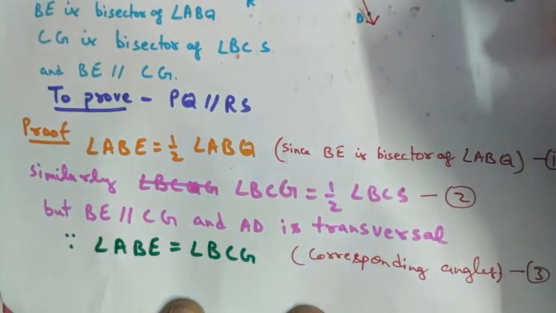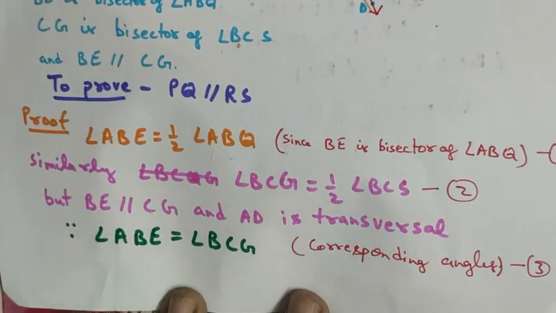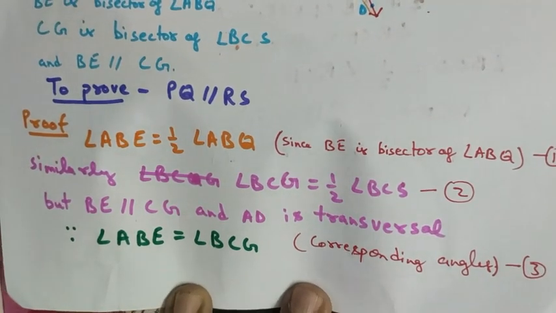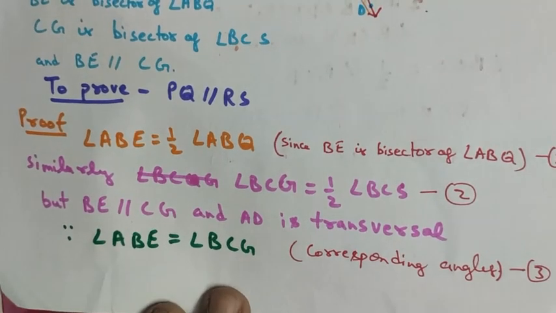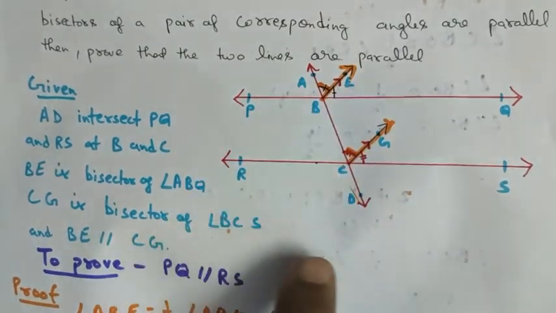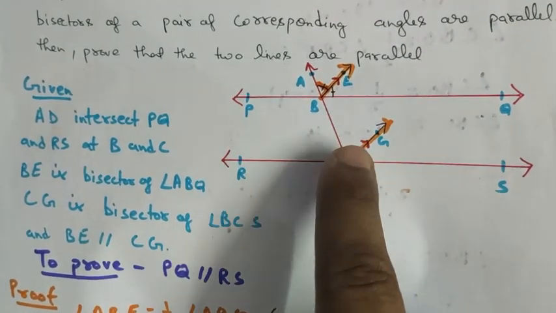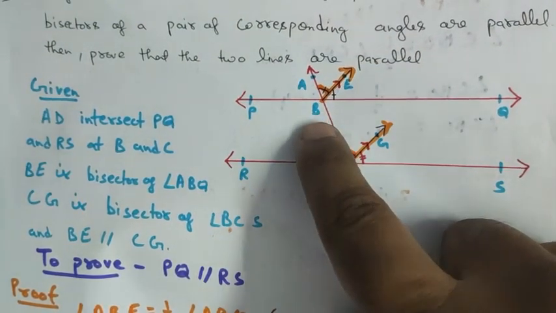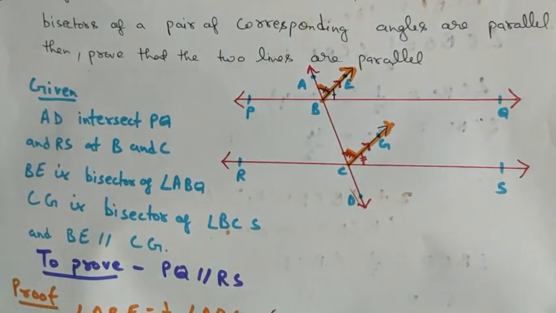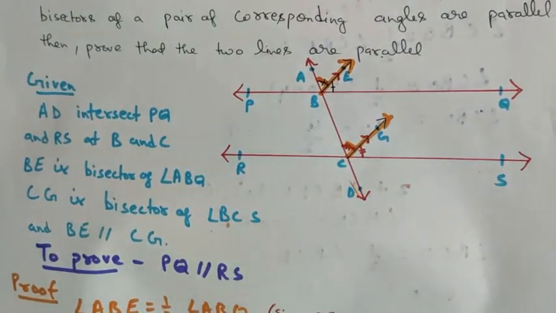BE is parallel to CG and AD is the transversal, so angle ABE will be equal to angle BCG. You can look from the figure, angle ABE and angle BCG will be equal because they are corresponding angles, and we have used the information that BE is parallel to CG to prove that angle ABE is equal to angle BCG.